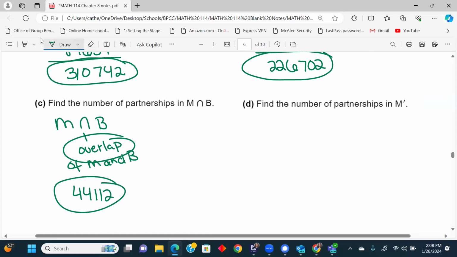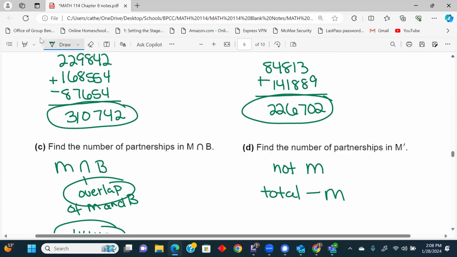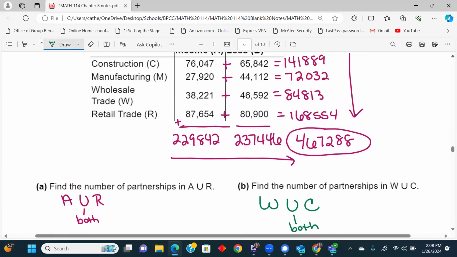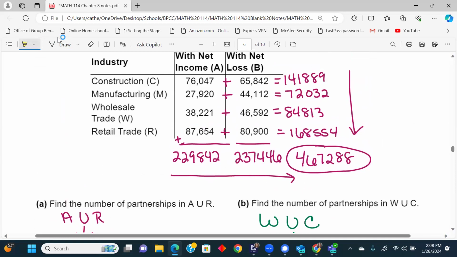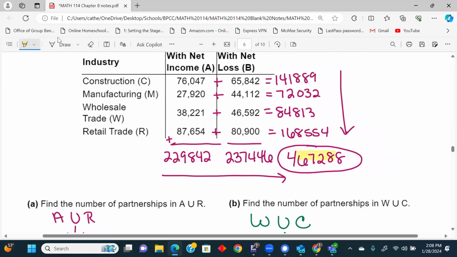Find the number of partnerships in M complement. So we want to find not M. We can take the total and then subtract M. Our total is here, and the total for M is here.